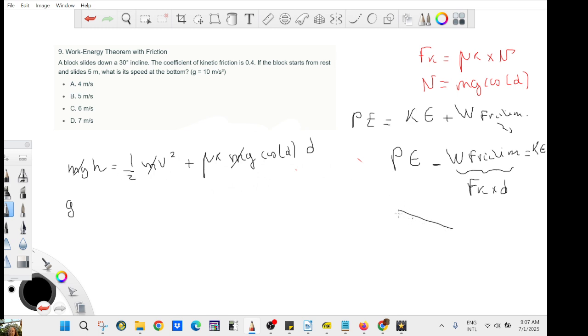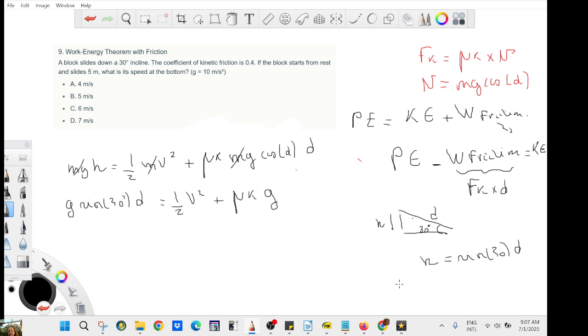And then the height will be... so we need to find the height, and we have that distance here, and this is 30 degrees. So the height will be sine 30 times the distance, right? So it's going to be sine 30 times the distance equals 1/2 v squared plus mu k g. So you have g.